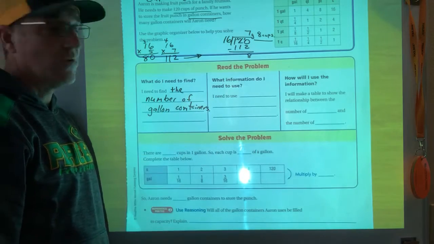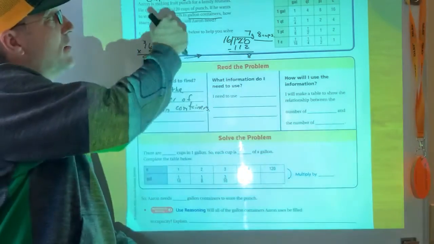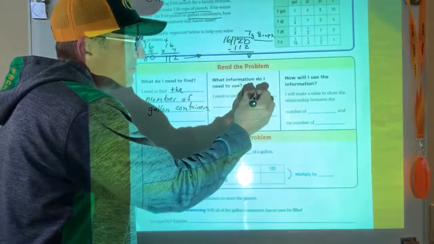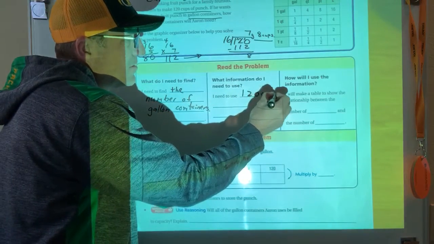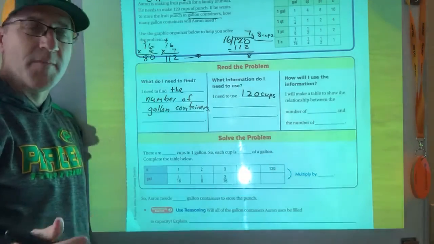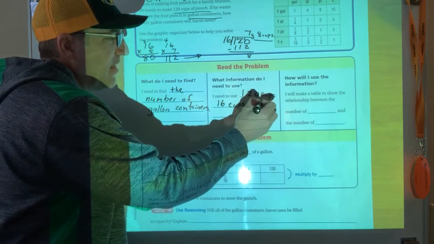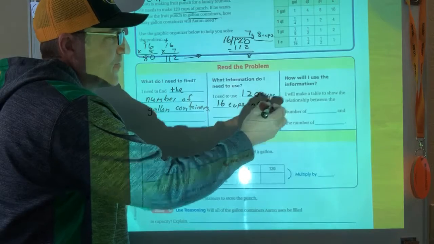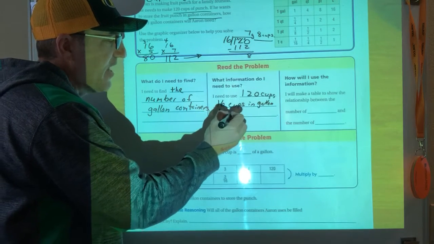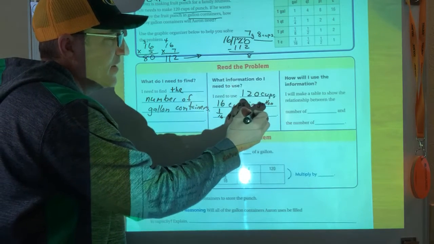What information will I use? Well, what do we got? 120 cups. And there are 16 cups in 1 gallon, and 1/16 of a gallon in 1 cup.